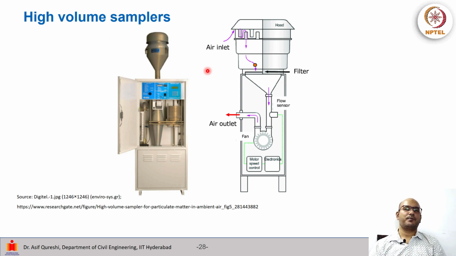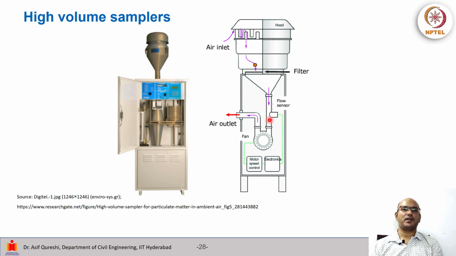The process would be that we pre-weigh the filter, or we dry the filter and pre-weigh it, then install it and run the sampler, and then again dry the filter and check the change in mass, so we know how much dry particulate matter has been collected. Or we could try other methods; we only need to have an initial and final condition, and we should know precisely what we are measuring.